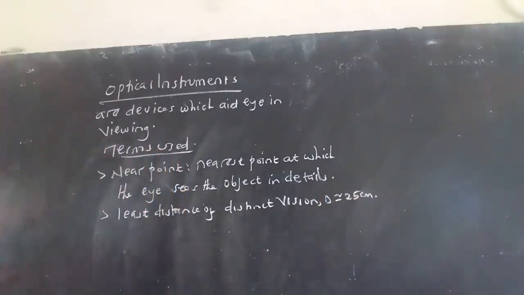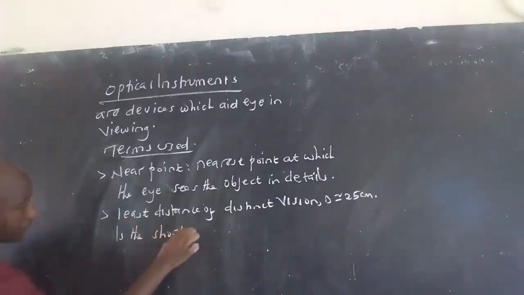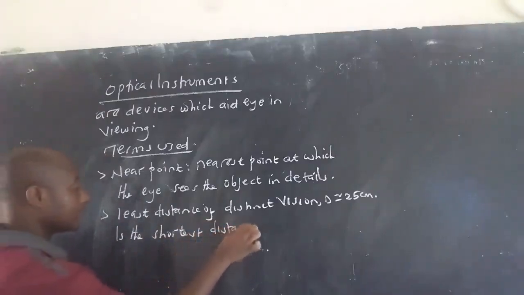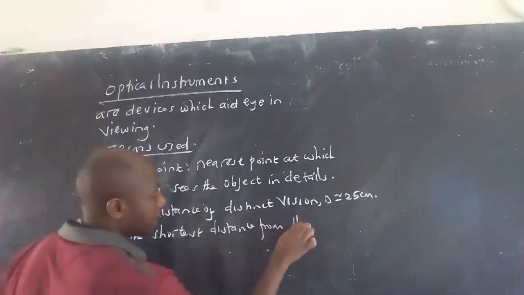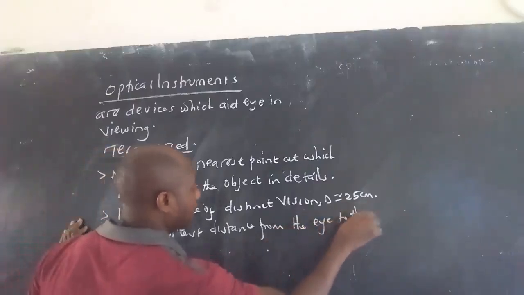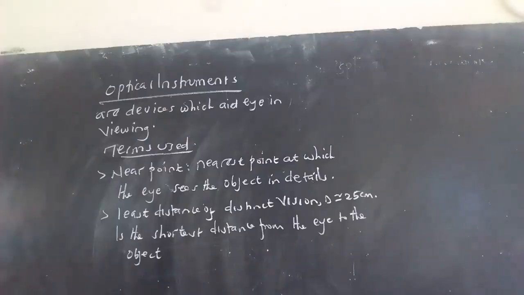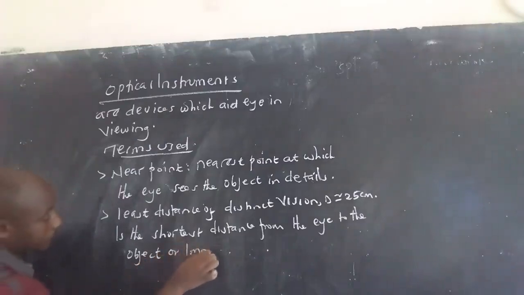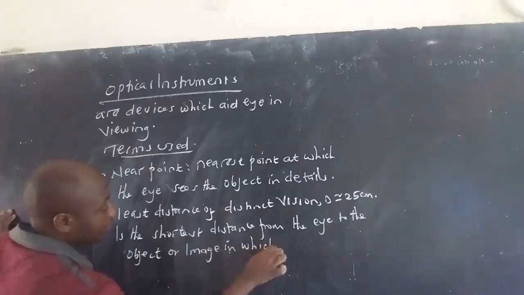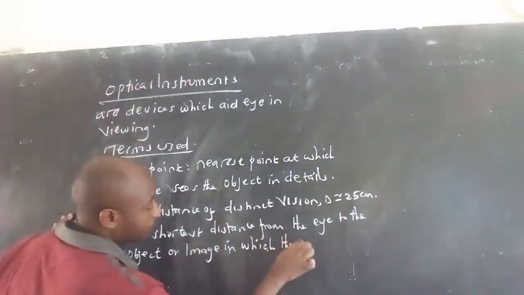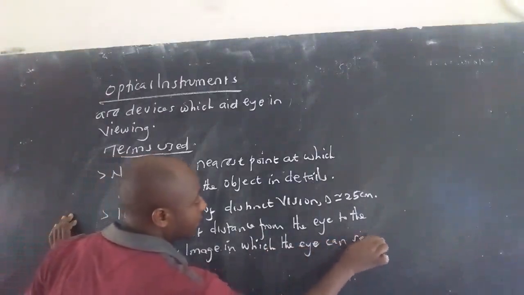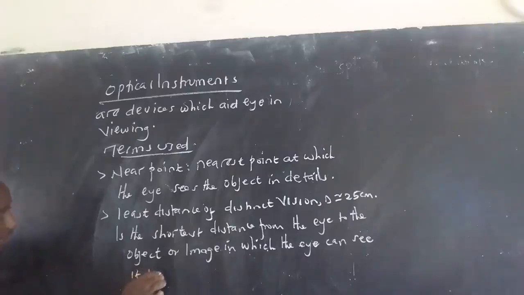So we say it is the shortest distance from the eye to the object or image at which the eye can see it clearly, in detail.